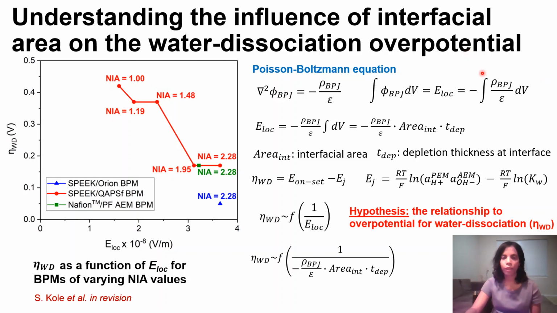This can be explained by the Poisson-Boltzmann equation. So at the interface of a bipolar membrane, when the interfacial area is larger, you have a larger density of fixed charges. This leads to a higher value of local electric field at the junction region, leading to a lower overpotential for water dissociation.